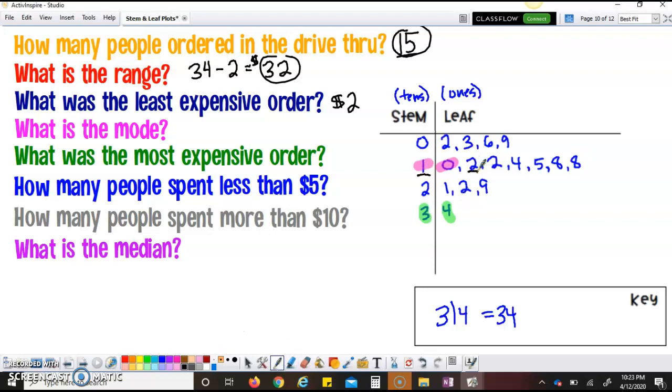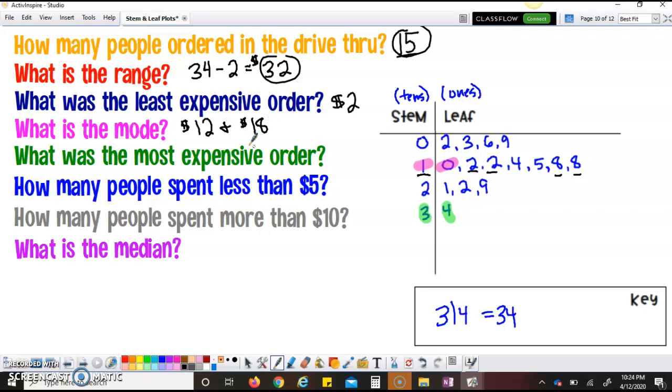Okay, so we've got 12 and 12, and then we've got 18 and 18. And remember, we are allowed to have 2 modes. We're allowed to have more than 1 mode. We're allowed to have no mode. We're allowed to have just 1 mode. In this case, our modes are going to be $12 and $18. They're both going to be our mode.